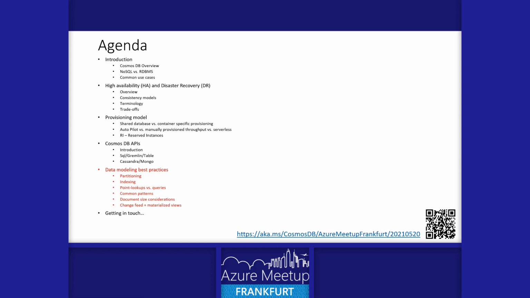Another feature that is super useful in certain scenarios, especially the digital twin scenarios I mentioned, is the change feed. CosmosDB has a built-in feature, and I'll get to that in the data modeling part later, which is called change feed.